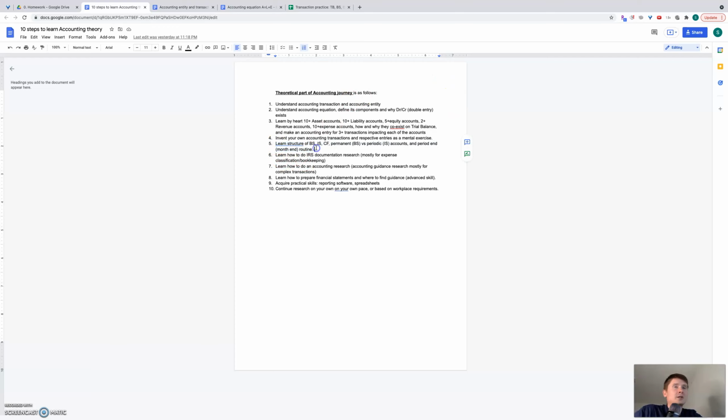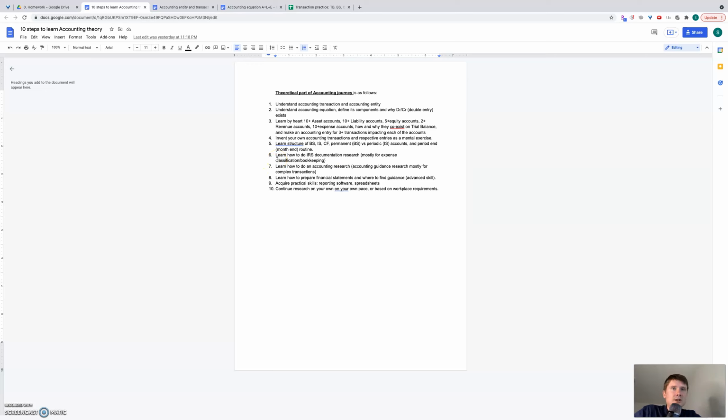Then once you have done quite a bit of transactions and you understand what accounts comprise asset accounts, liability accounts, equity accounts, revenue accounts, and expense accounts, you can learn the structure of financial statements, which is usually income statement, balance sheet, equity statement, statement of changes in equity, and cash flow statement.